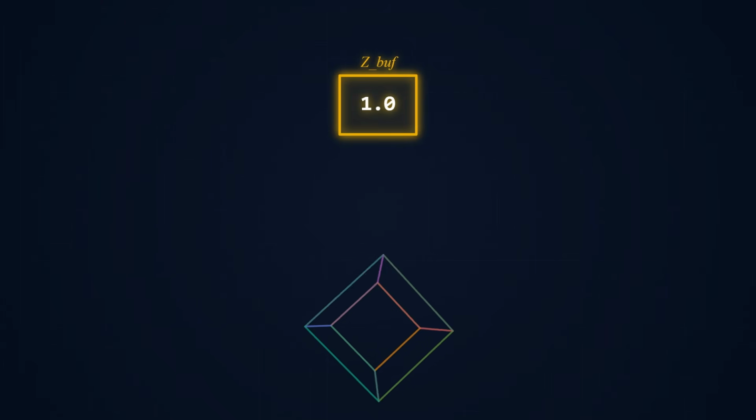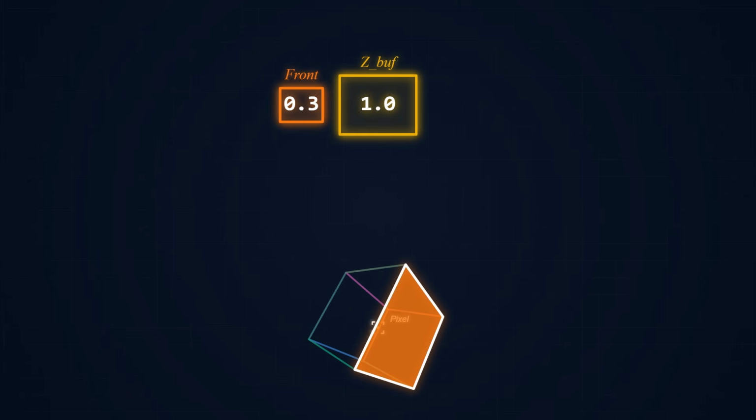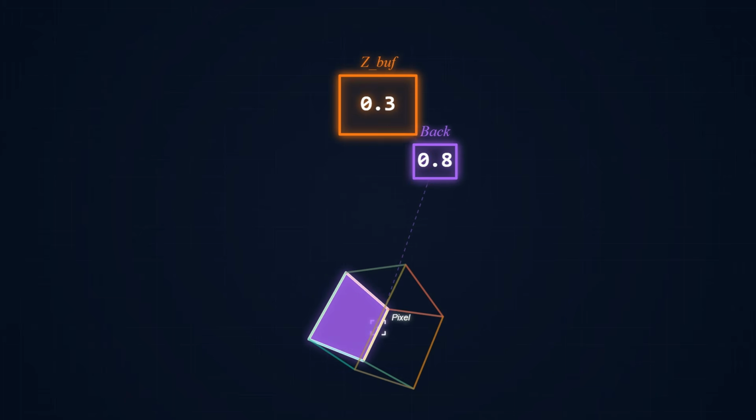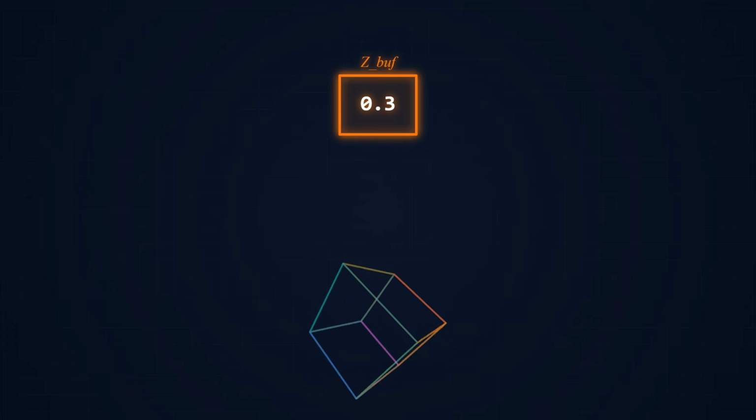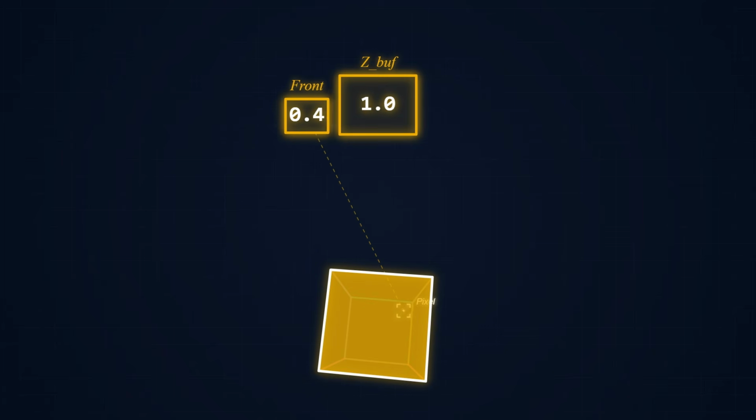Every frame, we clear this texture to 1, which is absolute maximum distance. Before the fragment shader colors a pixel, the GPU performs a rapid hardware level check. Because our rule is less, it only draws the new pixel if its calculated distance is strictly less than the distance already in the buffer. Back wall fragments fail this test, get discarded, and our cube looks perfectly solid.